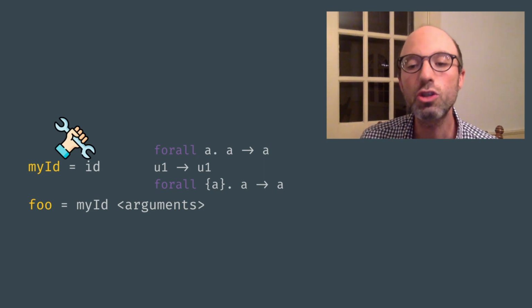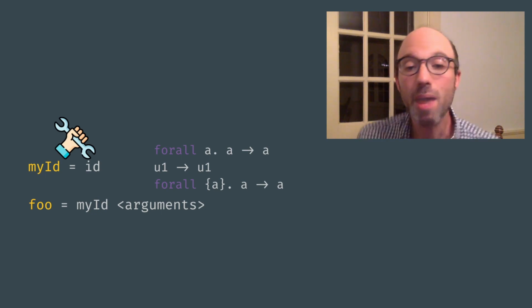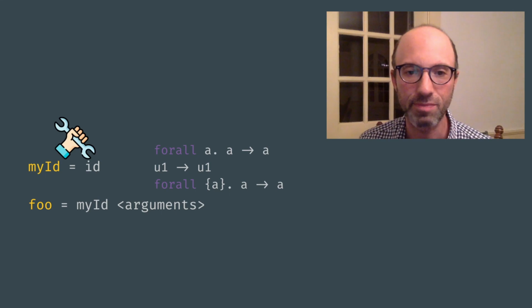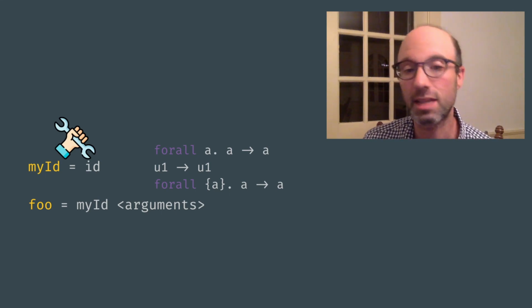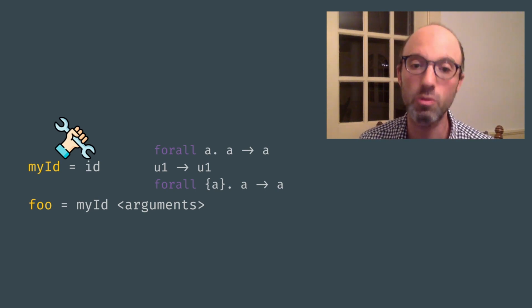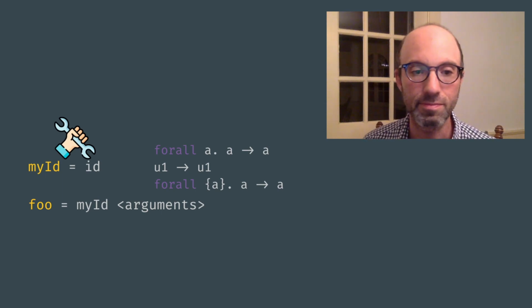We don't actually use inferred variables for visible type application because maybe there's many of them and we can't really predict the order that they occur in. So with eager instantiation, that's what I'm describing here, where as soon as we see it, we actually instantiate it to a unification variable right away. We're going to get this type at the bottom here for myid.